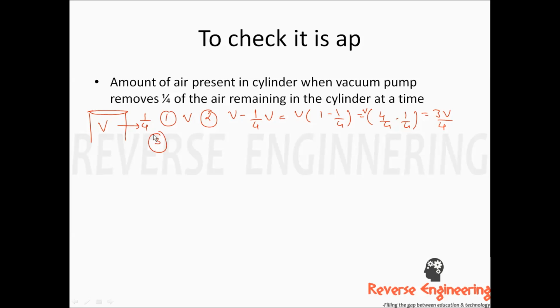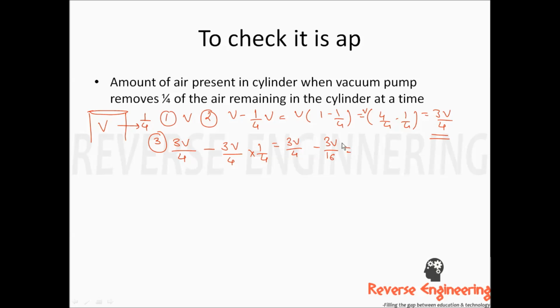Then after the second process, the volume inside the cylinder will be this volume, 3V by 4, and now we remove 1/4 of that. So 3V by 4 minus 3V by 4 into 1 by 4. This is nothing but 3V by 4 minus 3V by 16.